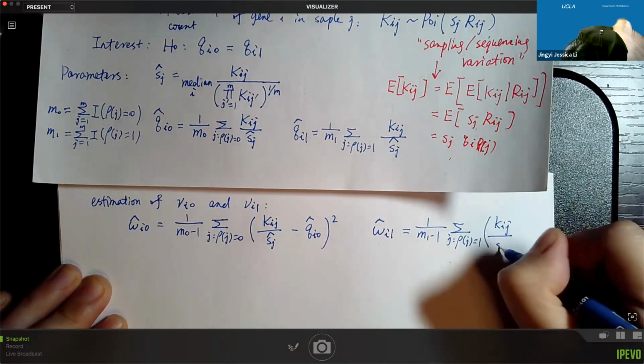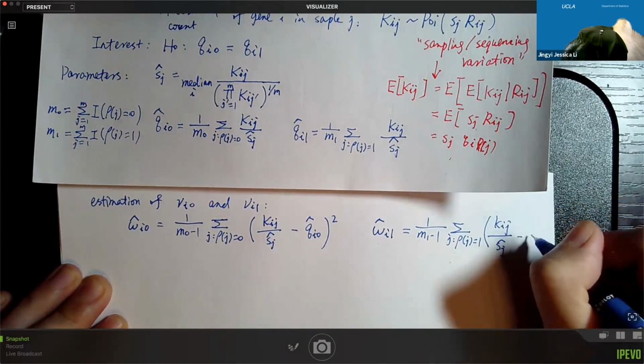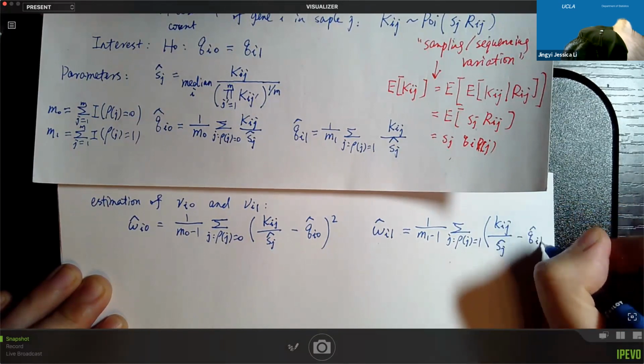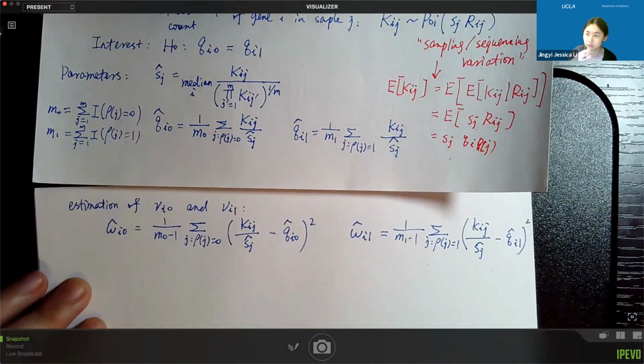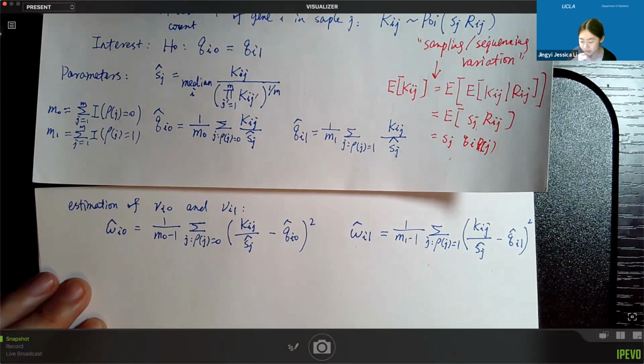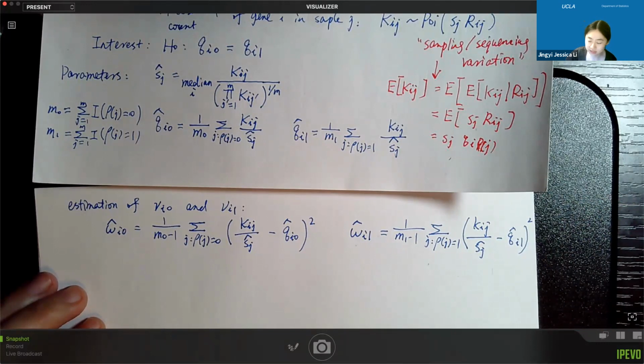Kij over Sj hat minus Q hat I1 squared. Okay, I have these two things. And then they want to say, are these two things good estimators for mu, right? So what they do is that they take the expectation for each one.